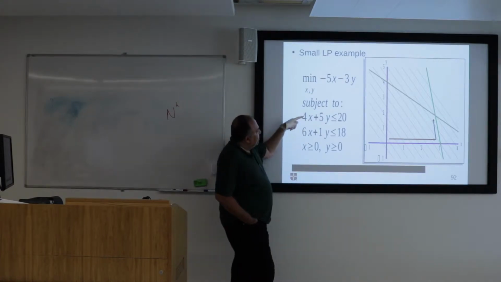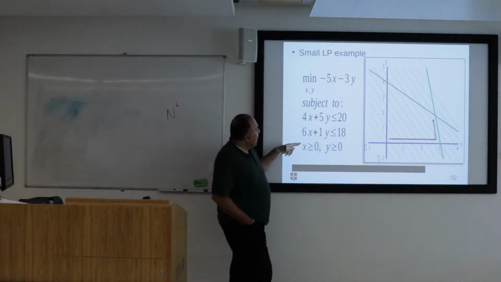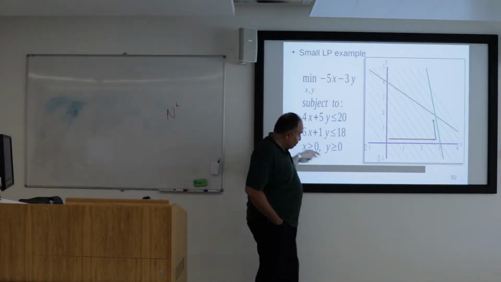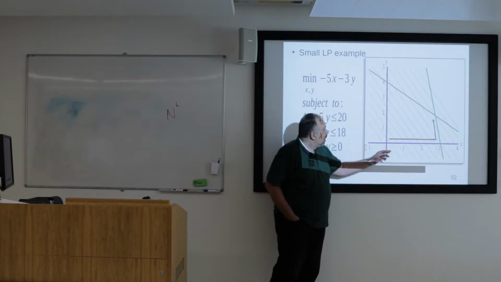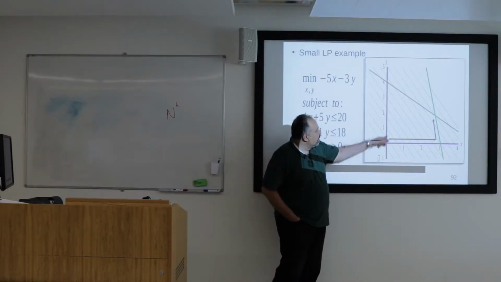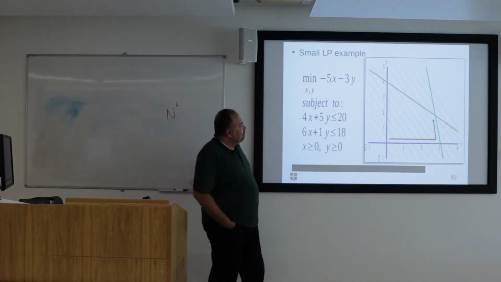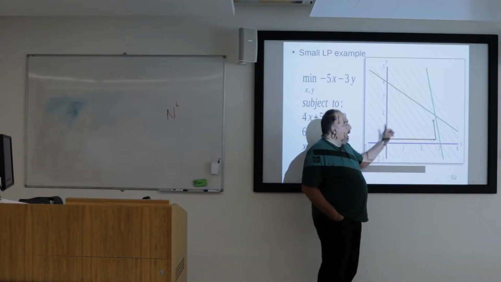And I have two inequality constraints, the yellow line and the green line, and I have my bounds: x greater than 0 is the blue line, and y greater than 0 is the red line above the 0 point, the origin. So my feasible region is in here, and including, of course, the boundary of the set.